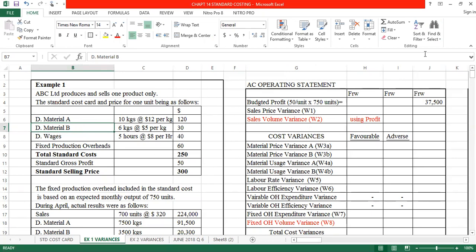So we want to go to the workings, and we calculate. The first working is sales price variance. Now, how do you get the sales price variance in this case?